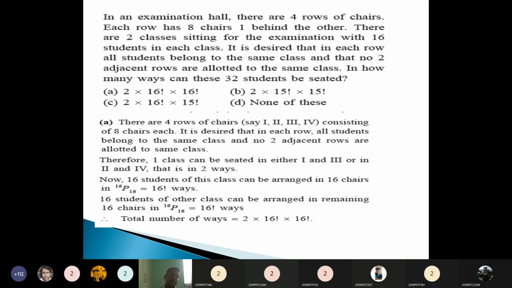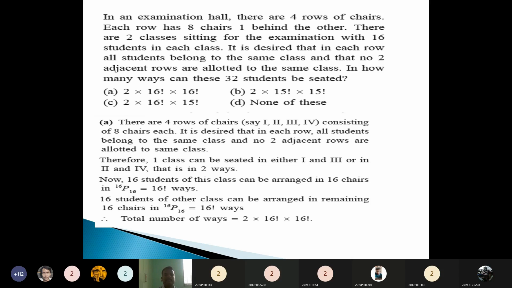If you take class A for 1 and 3, automatically 2 and 4 are allocated for class B, so same class students are not in adjacent rows. That is one way. Otherwise, class A for 2 and 4, class B for 1 and 3. That is another one. Only 2 possible ways you can arrange the classes. So that is 2 first.